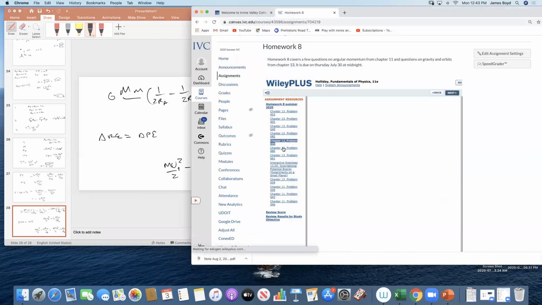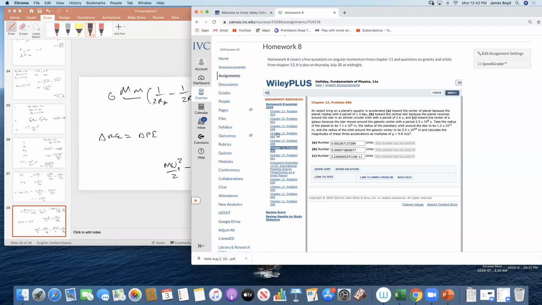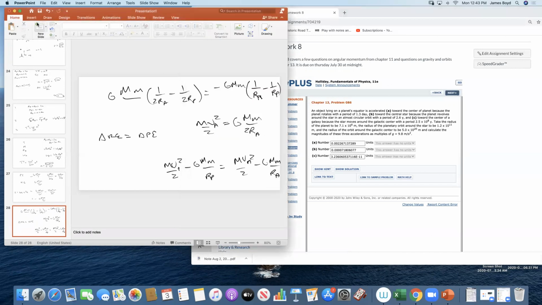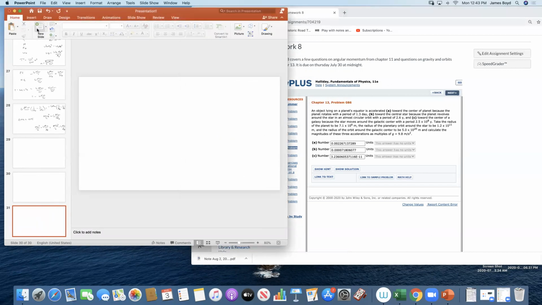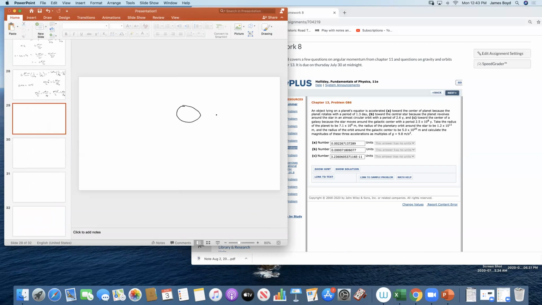Final two problems are, this is just to remember that for circular orbits, anything going around in a circle, there is an a_rad if it's going around with some velocity. a_rad is v squared over r. And a_rad is also equal to the acceleration due to the force of gravity. Okay.